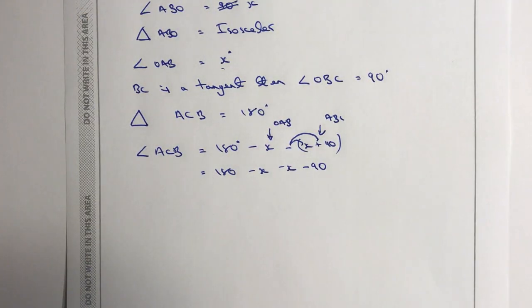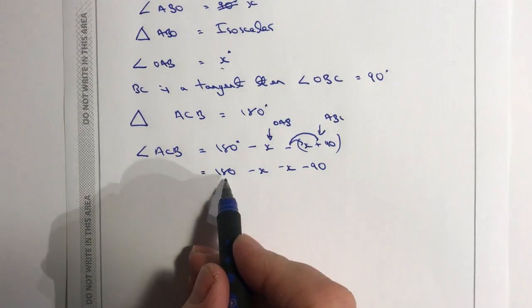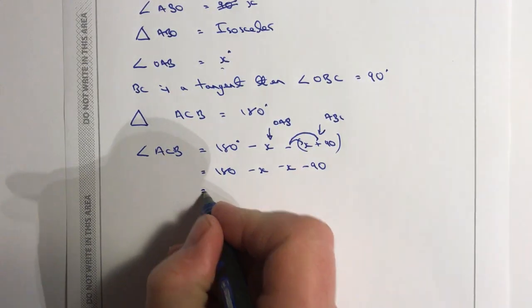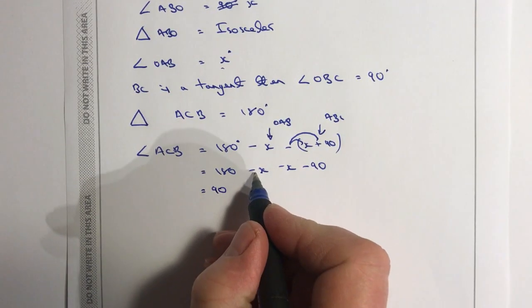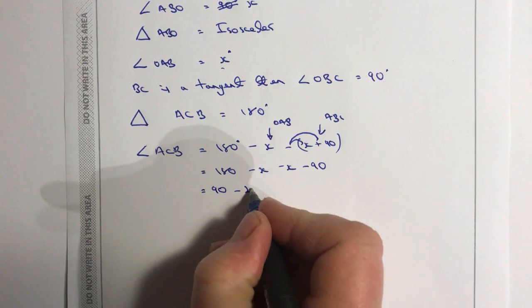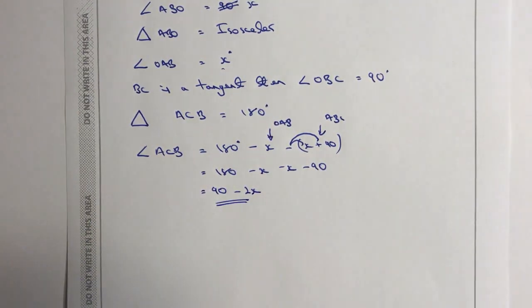Just be very careful about that. So if I now collate this and put it together in a more sensible way, I've got 180 minus 90, which is 90, and then minus x minus x is minus 2x, and that would be the answer to this particular question.